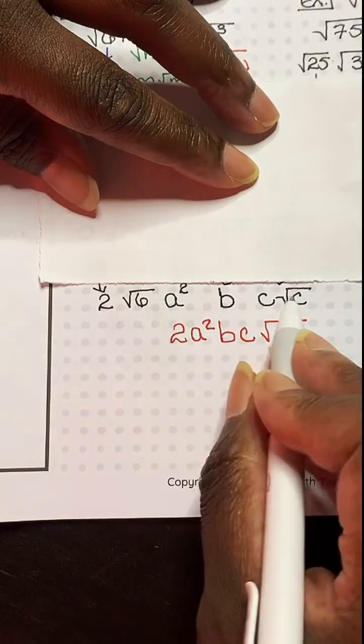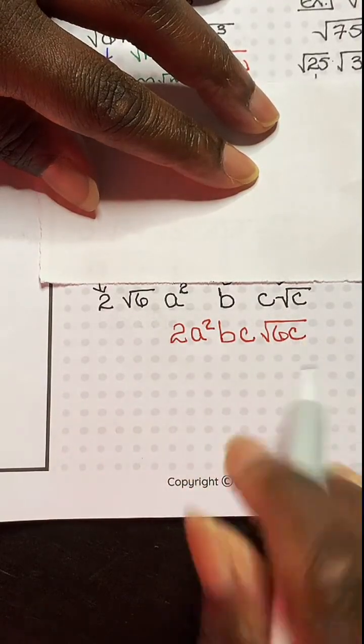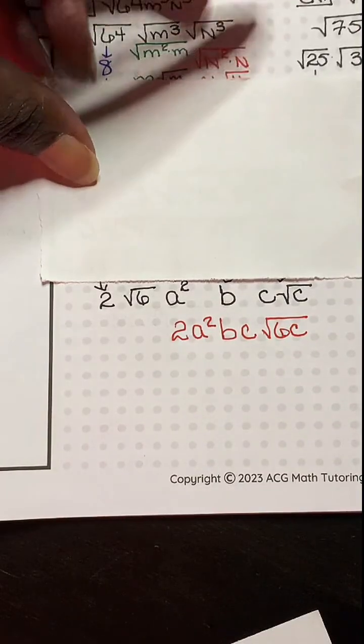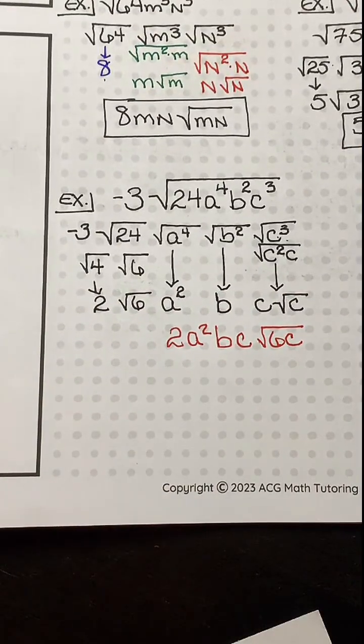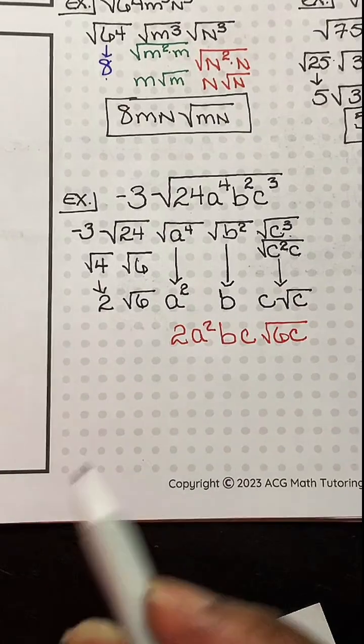And what's under the square root is 6 and c. What's missing? There we go. The -3. Good. The -3.